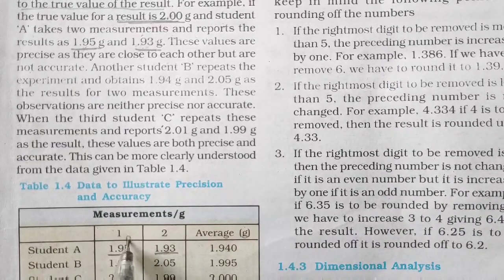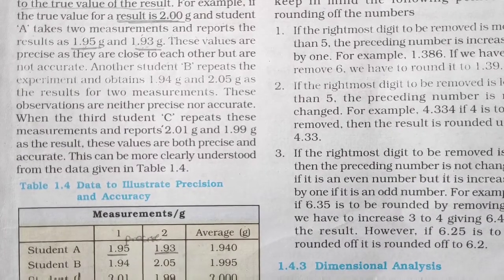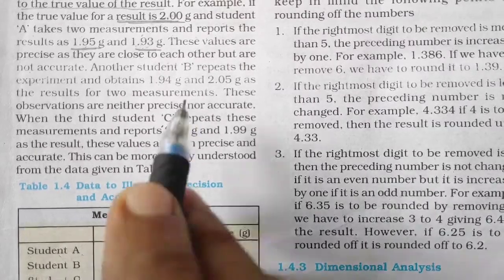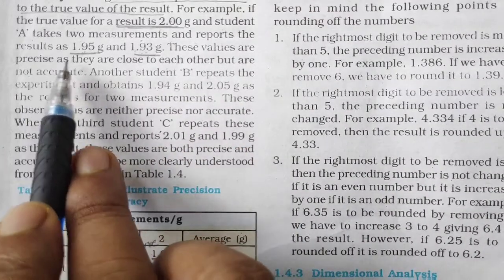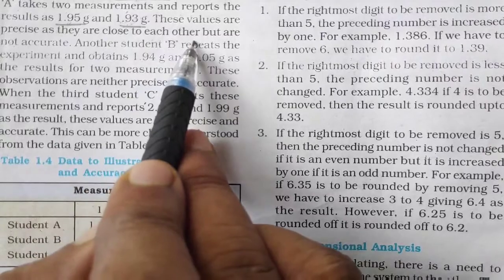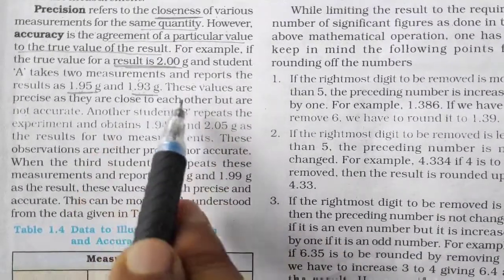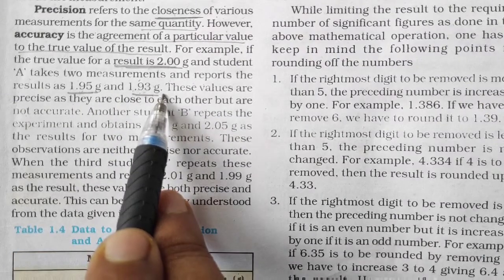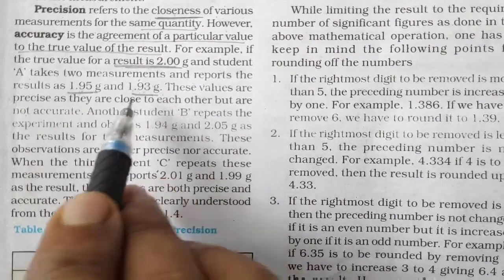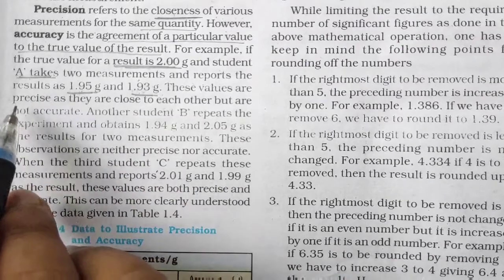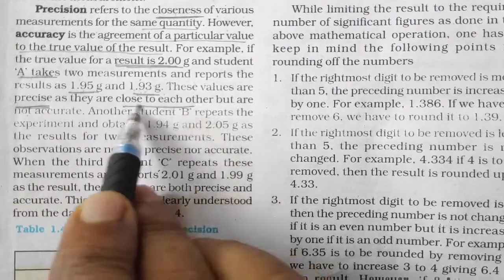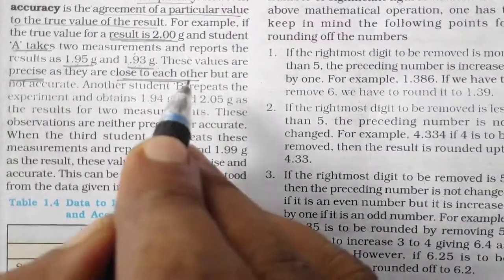If you see the data given, we can say it is precise. Student A has got precise values, as they are close to each other. Understood? So closeness was the word we have underlined here. So this data is what I call precise. So student A is precise as they are close to each other, but not accurate.